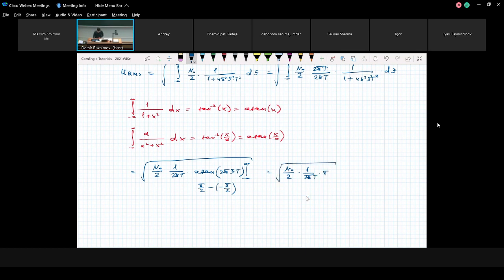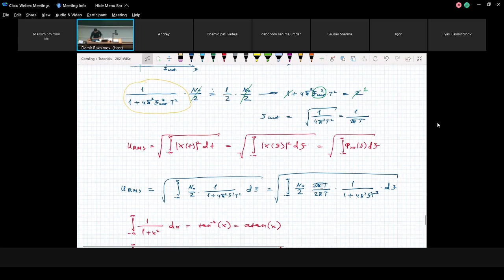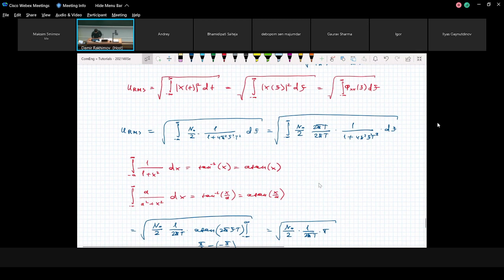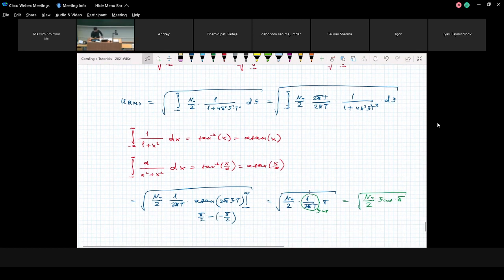But you know that 1 over 2 pi T is nothing else than f cut. And we come to the result N0 by 2 times f cut times pi, the final expression for the RMS value as a function of the cutoff frequency.